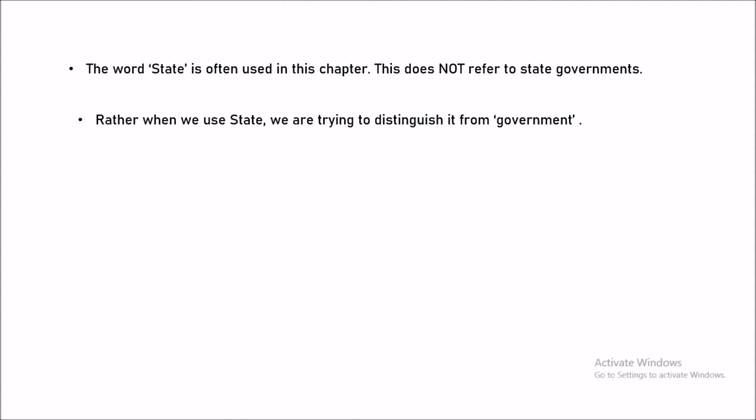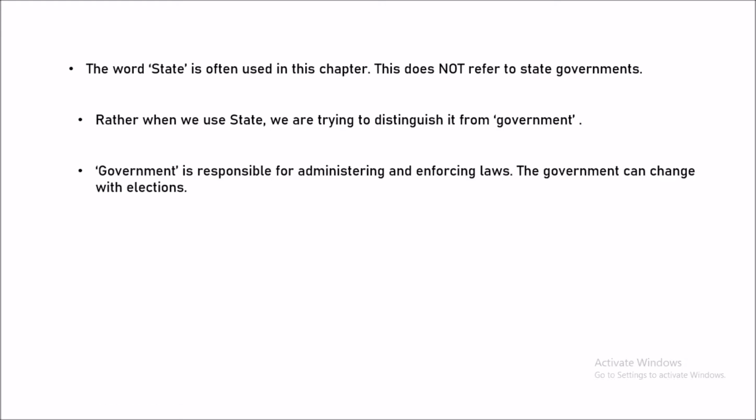But sometimes we use the word state when we are trying to distinguish it from government. Government is responsible for administering and enforcing the laws. Government's main duty is to look after the making of the law and enforcing the laws. The government can change with elections. Yes, whenever election comes, there is a clear possibility in democracy that there can be a change of government.